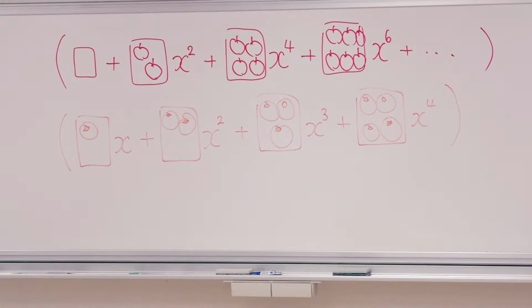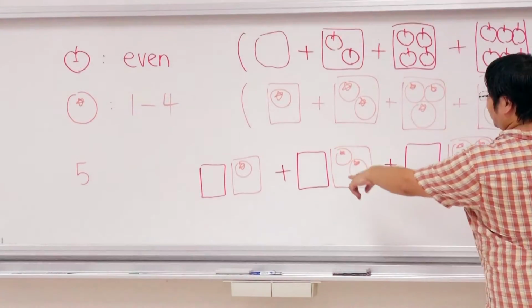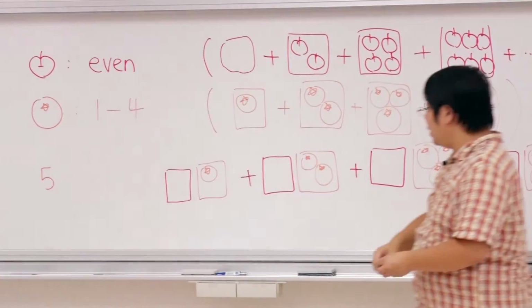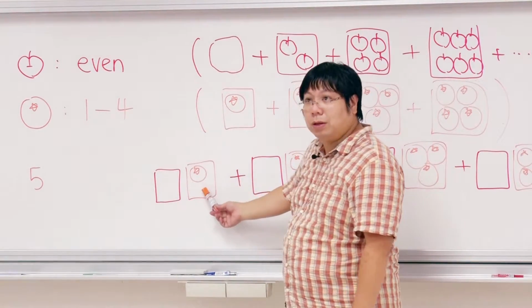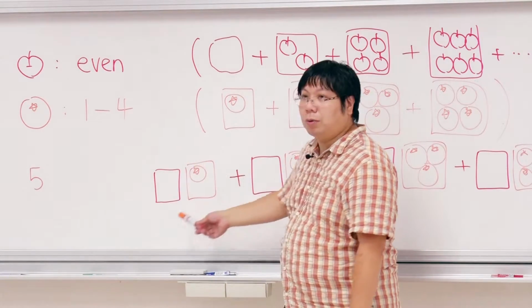If I have this change, then what will happen to the terms that we are going to multiply? I'm going to be lazy because the terms will be very similar to what we are looking at here. So instead of having no apple, 1 orange, we will have no apple times 1 orange times x.